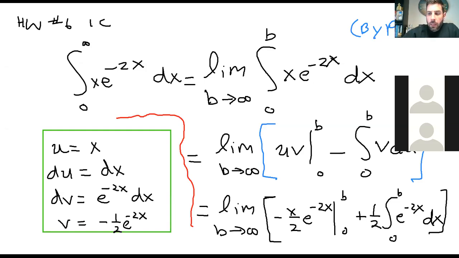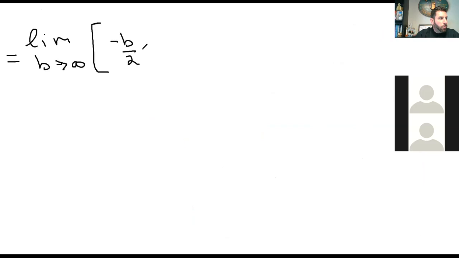Okay, so if we go to the next page, we can start plugging in our values and seeing what we can do. So we'll do one step at a time. The first thing I have to do is plug in the bounds on the first portion. I'm going to be very careful with how I write this. This is the limit as b goes to infinity. So this becomes negative b over 2 times e to the negative 2b.